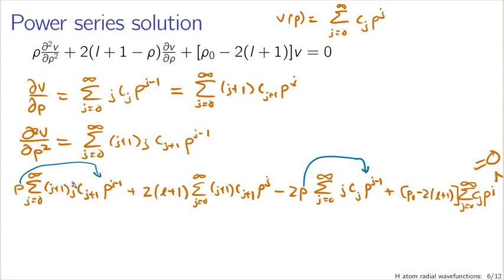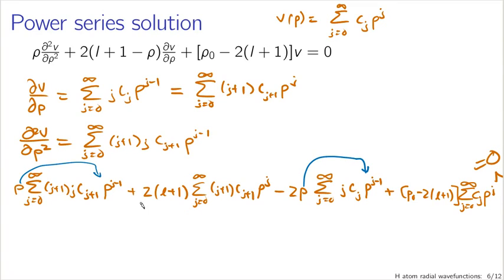The coefficients that appear in these sums are all already lined up. So if I take the j equals 0 term from each of these sums, I'll get a valid equation. If I take the j equals 1 term from all of these sums, I'll get a valid equation.